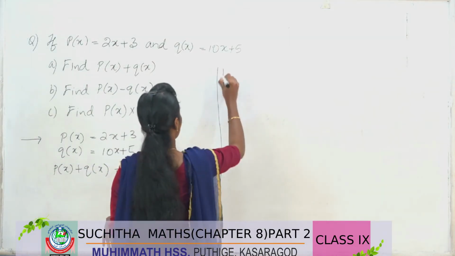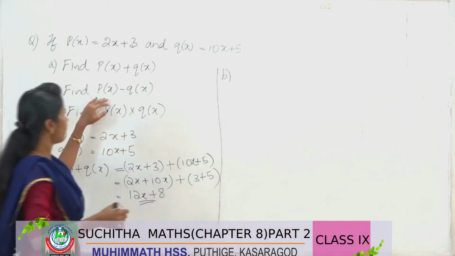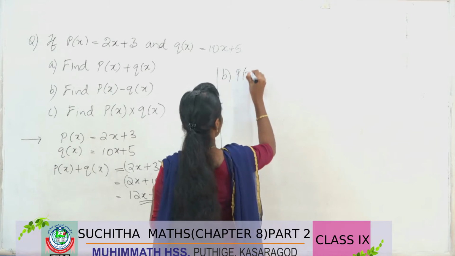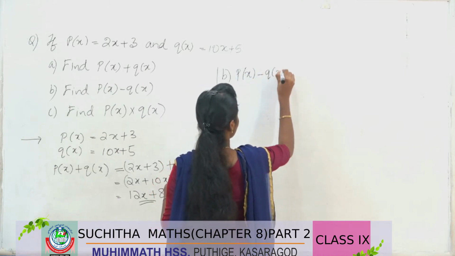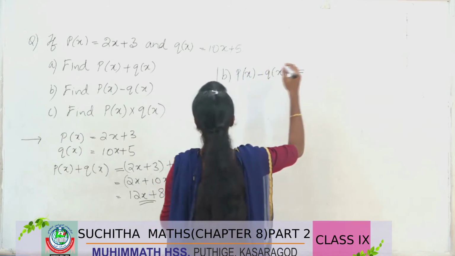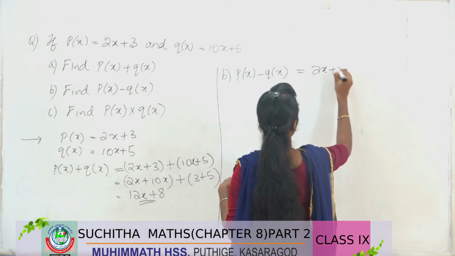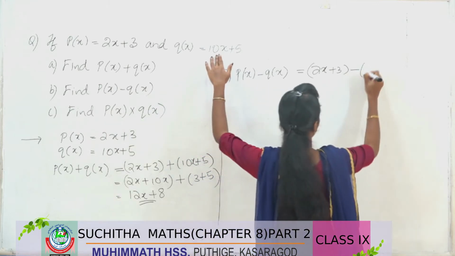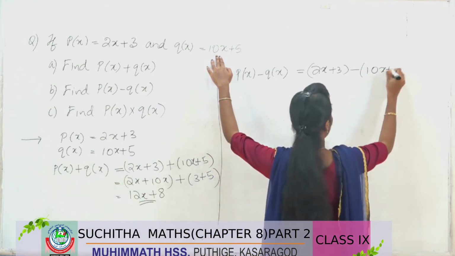Next, second one, find p of x minus q of x. Equal to 2x plus 3 minus q of x, that is 10x plus 5.